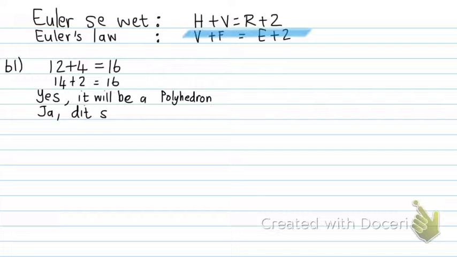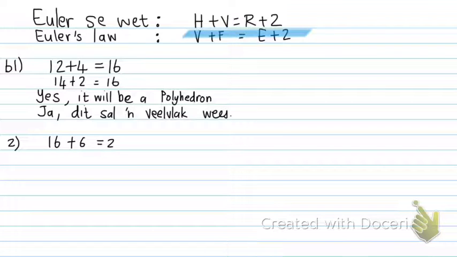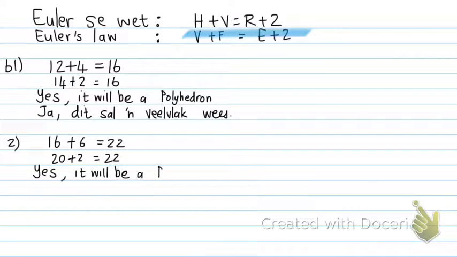Just ignore the Afrikaans that I also have in this document. Then number 2, 16 vertices and 6 faces gives me 22. Then they give me 20 edges. 20 plus 2 is 22. So yes, it will be a polyhedron.